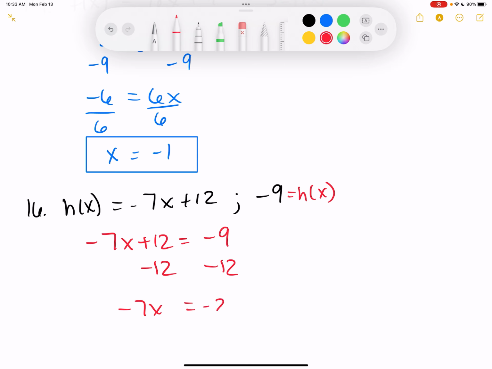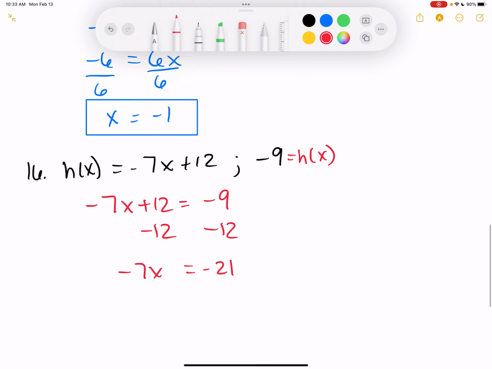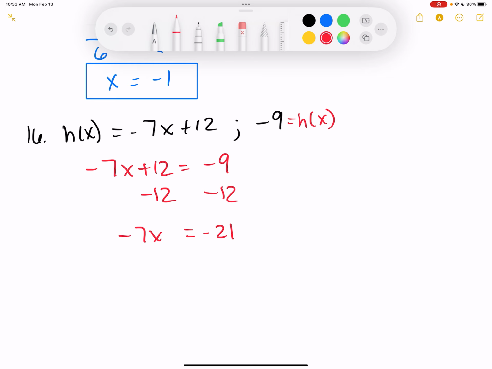Negative 21? Yes. Yep, so same sign, add and keep the sign. And then what? Divide by negative 7. So negative 21 divided by negative 7 is just 3.